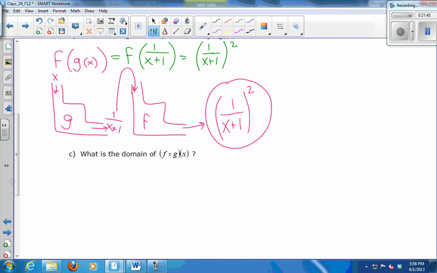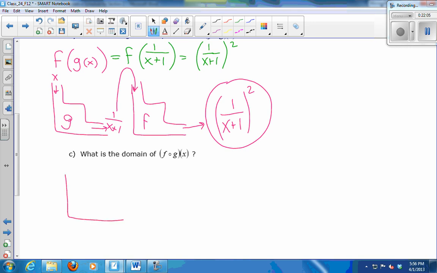When you do the domain of a composition, here's where the pictures can be really, really helpful. So draw them for as long as you need to. Don't hesitate to draw two machines next to each other, especially when you're finding domain.